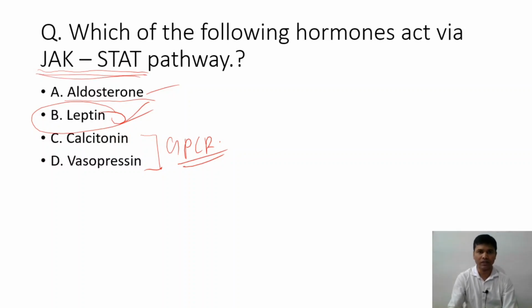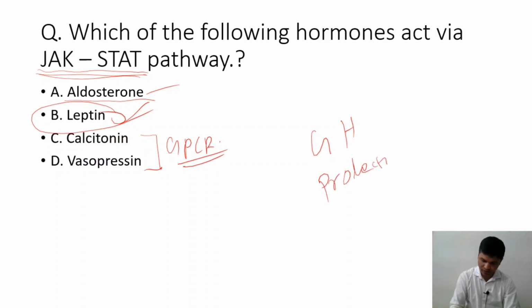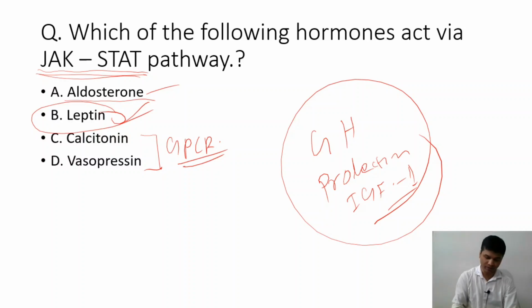Other hormones which act through the JAK-STAT pathway are growth hormone, leptin, prolactin and IGF-1. These act through the JAK-STAT pathway.